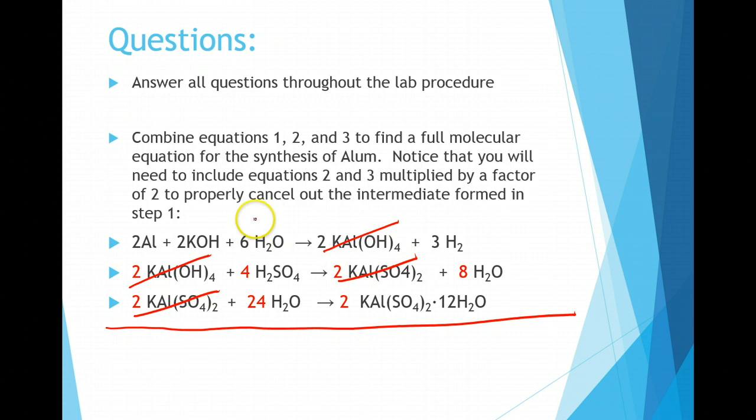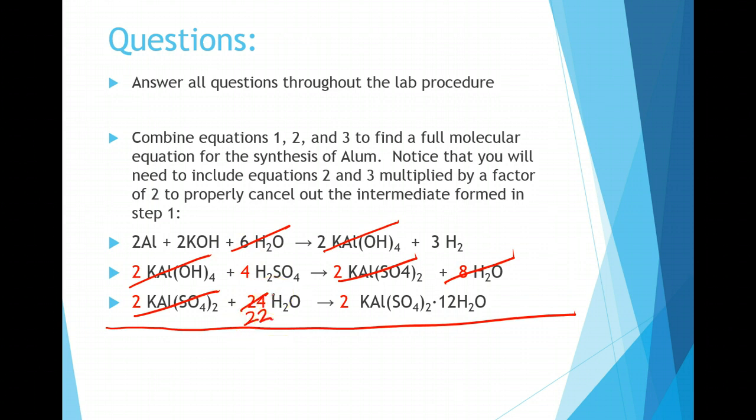One other thing that can be simplified would be the number of water molecules. And if I take a look, I see that there are 6 water molecules in the first equation, 24 water molecules in the last equation. So that's a total of 30 water molecules on the left. There's also 8 water molecules on the right. So if I have 30 on the left and 8 on the right, I will get rid of the 8 and change the coefficient on the left side to be 22.